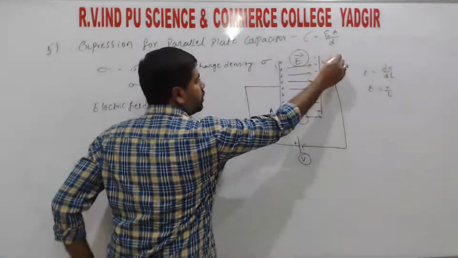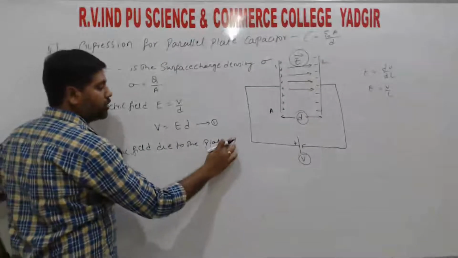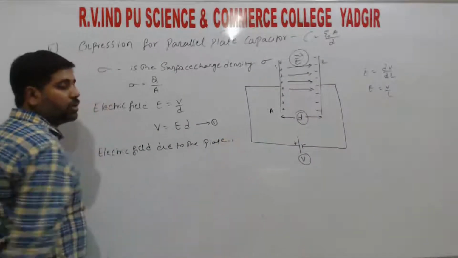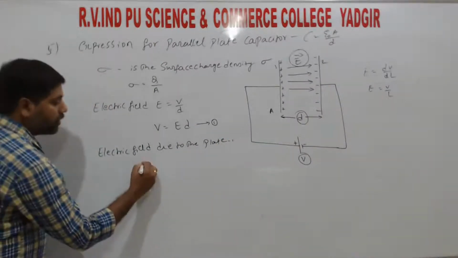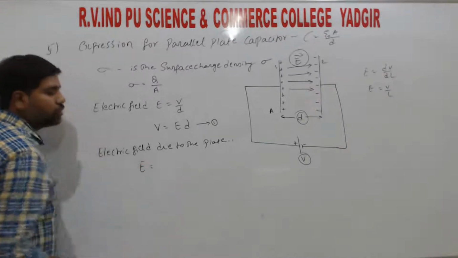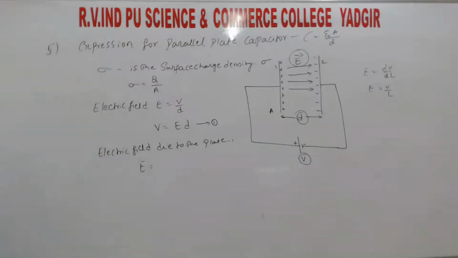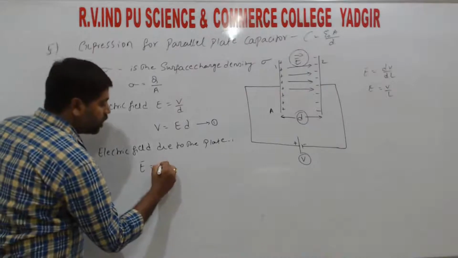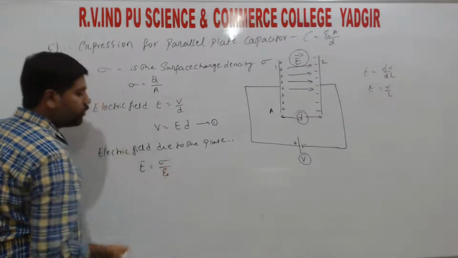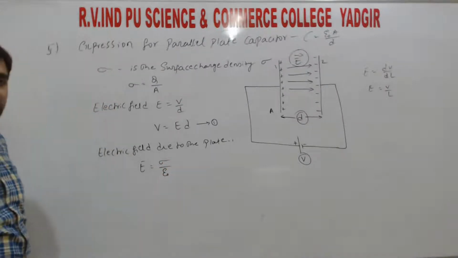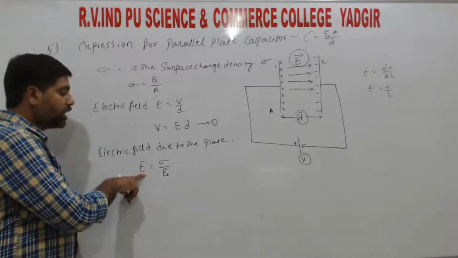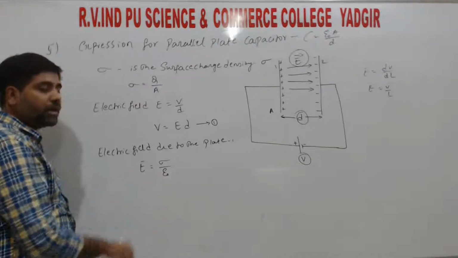If we consider this as 1 or 2, so due to the first plate, the electric field E is equal to sigma divided by epsilon naught. We derived this in the first chapter in applications of Gauss law, right? So electric field is equal to sigma by epsilon naught.